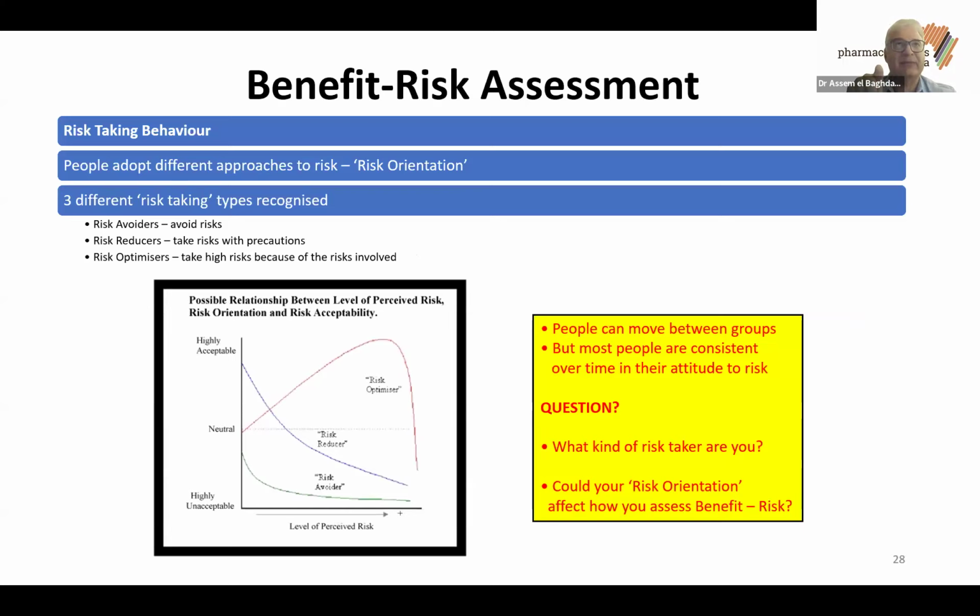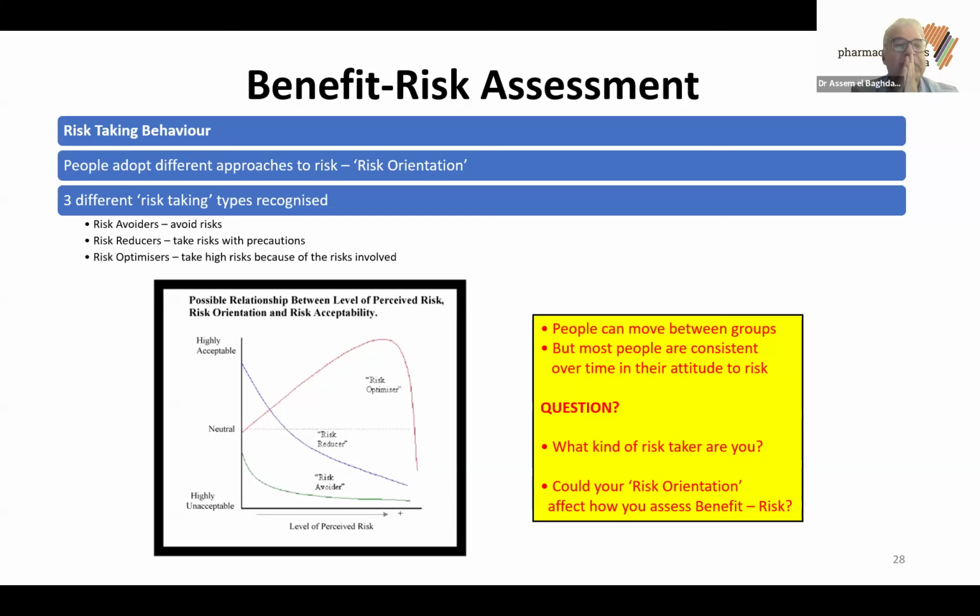And it is assessment. It is not a balance, it's not a ratio, okay? Sometimes you find it in manuscripts or sometimes in books, benefit risk ratio. It is not a ratio. If it is a ratio, it has to be a number coming after that. And this is not a number, it's an assessment, okay? So I just want to make this clear at the beginning.